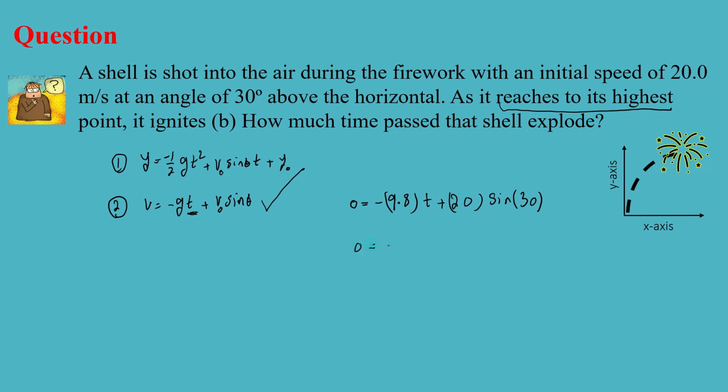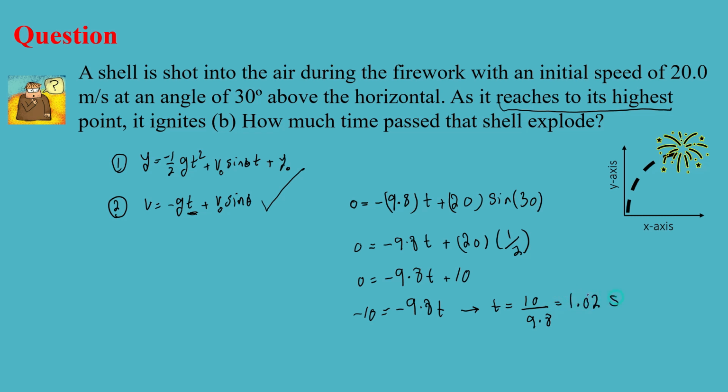Then 0 equals minus 9.8 t plus 20 times half, which is equal to minus 9.8 t plus 10, and then minus 10 equals minus 9.8 t, and then t equals 10 divided by 9.8, and that's equal to 1.02 seconds. And that's going to be my final answer.